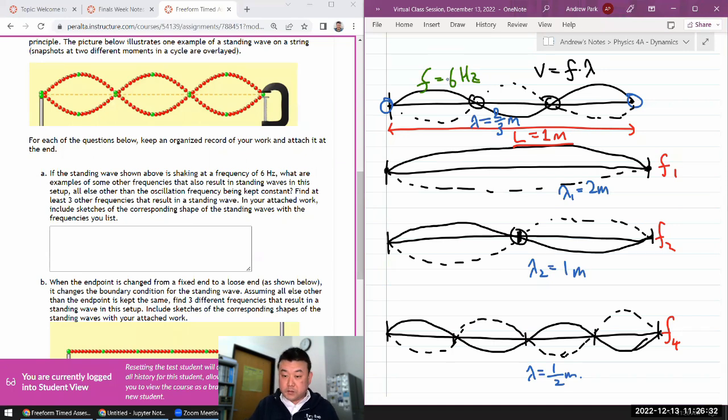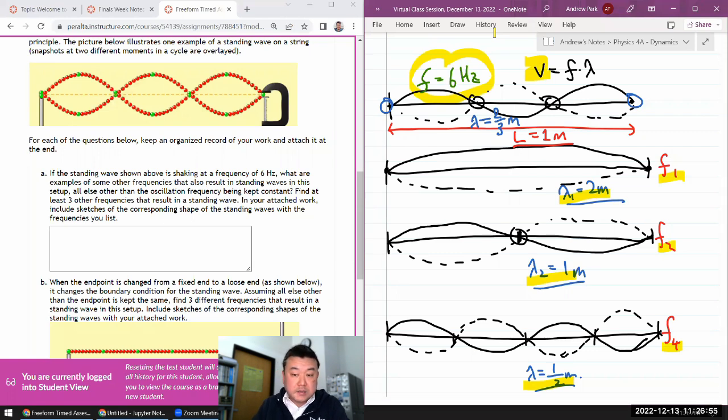So with all these scenarios, it would be nice if we knew what the wave speed is. If we know wave speed and the wavelength, we can work out the frequencies where this thing should resonate. And that's where you use the information given for the question.